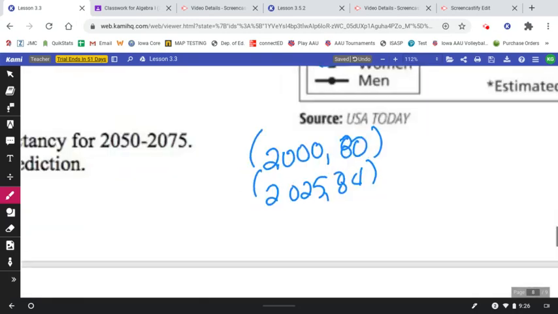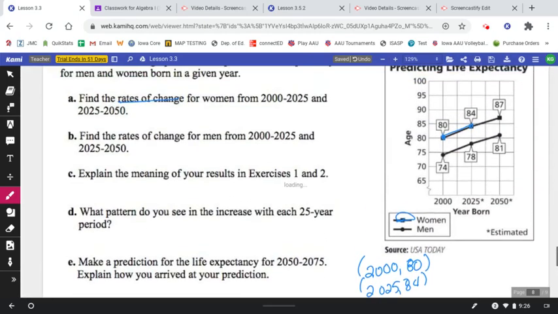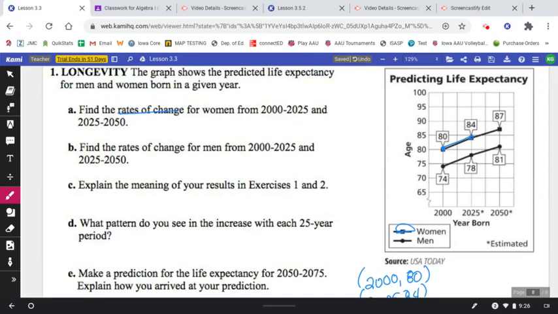So for the first part here, I would take y2, which is 84, minus y1, which is 80, over x2, which is 2025, minus x1, which is 2000, which gives me 4 over 25, that's the lowest reduced fraction.